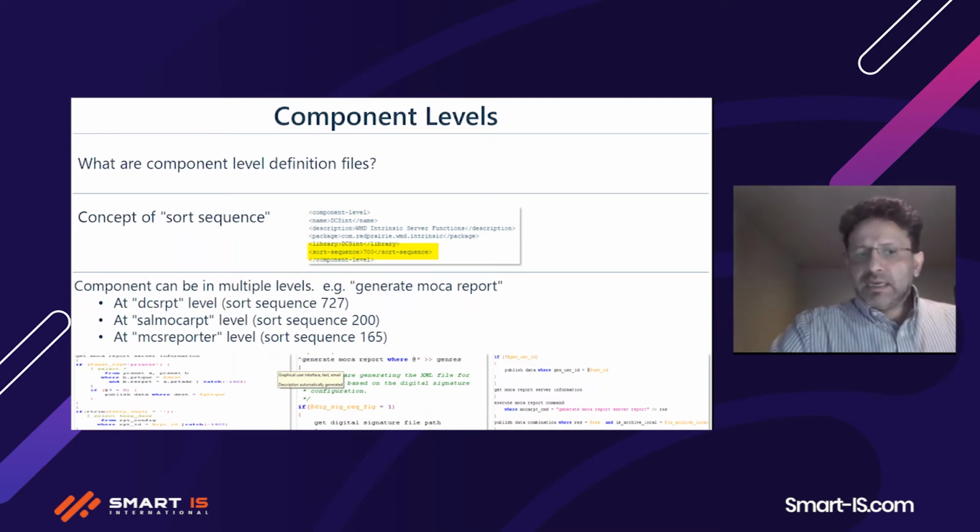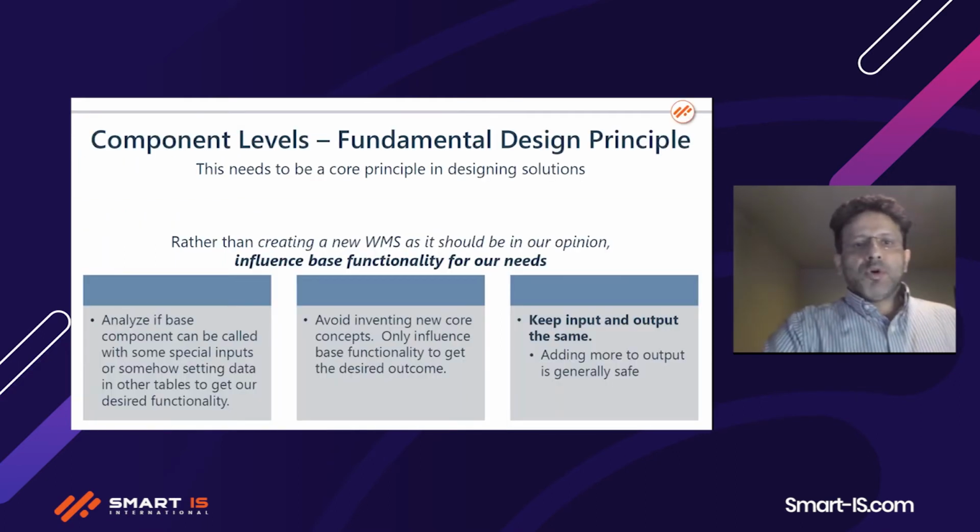So now anything which is calling the standard service still works, and if you get an enhanced behavior at the core level, you still get that. That should be basically front and center when we are doing any customization, that we should take advantage of this concept to its fullest. So component level, the fundamental design principle, should always be there.